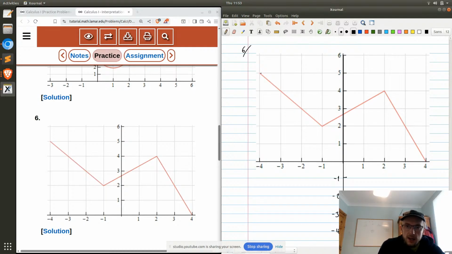And let's think, what's the gradient of this portion? It's a piecewise function, 3 linear pieces glued together. What's the gradient of this portion right here? It appears to just simply be -1. Like that. And for this portion here, 2 over 3, which is 2/3.